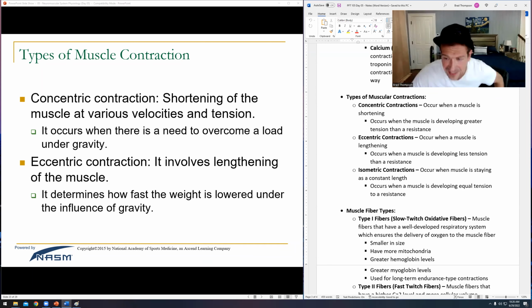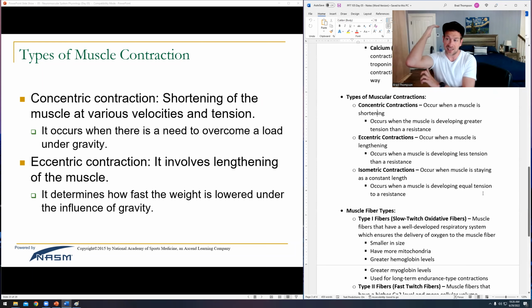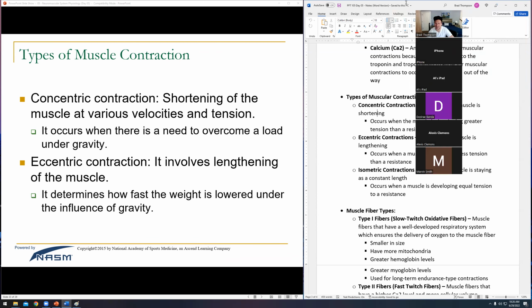But there's exactly the opposite happening on the other side. If we flip to the other side of the joint, the tricep muscle is relaxing. That's an eccentric contraction. Eccentric contractions occur when the muscle is lengthening. If I were arm wrestling with somebody in class right now, and they're stronger than me and overcoming me, I'm trying to create as much force as possible, but whoever I'm arm wrestling is creating more force than I can.